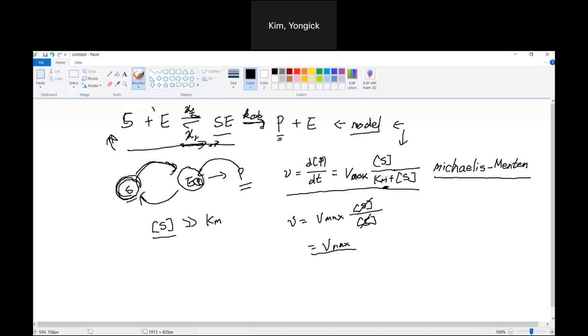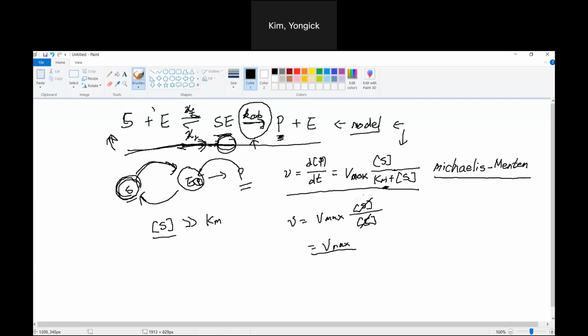So most of the equilibrium goes this way, and you have a lot of enzyme-substrate complex here. So the rate-determining step in this whole reaction is the step from enzyme-substrate complex to making product. So K cat is the rate-determining rate constant.